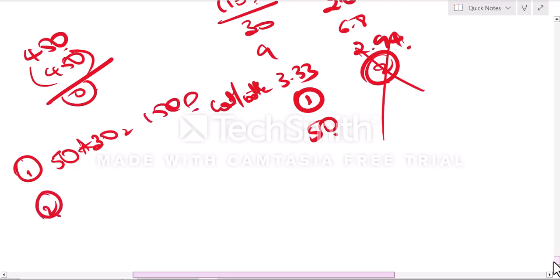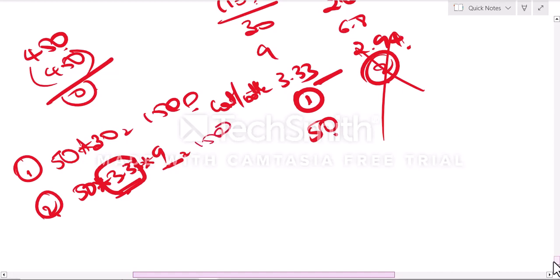In the second method, 50 into 3.33 into 9, where bottleneck constraint and contribution per bottleneck are considered: 1498.5. So round figure 1500. Same answer anyway.